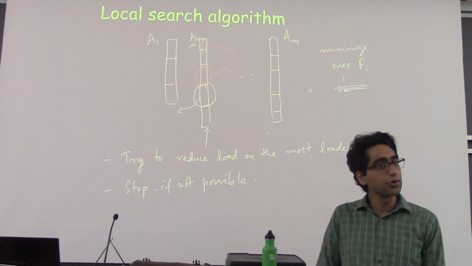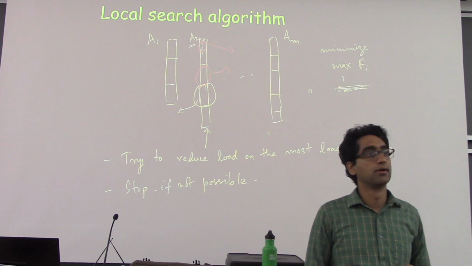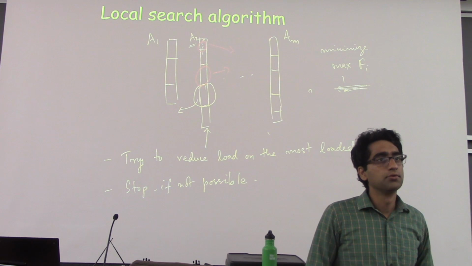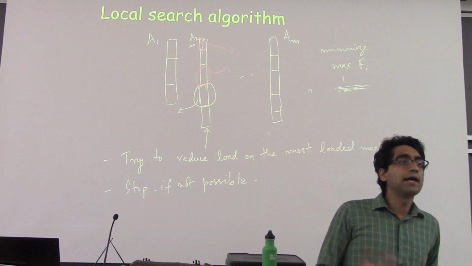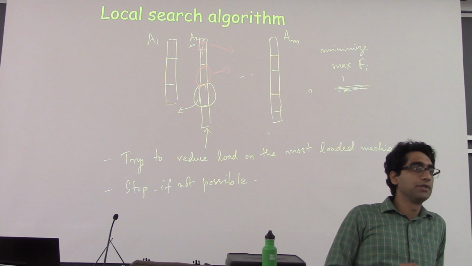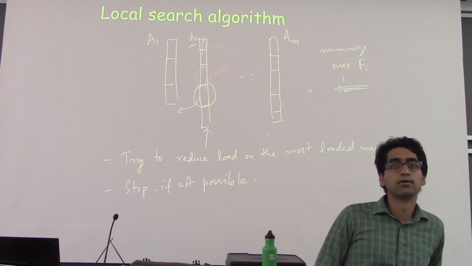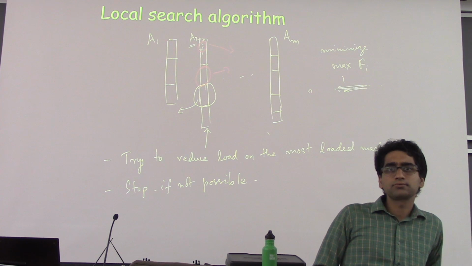So you actually have to do a bunch of work. Are you always wanting to move the job to the least loaded machine, or is that not necessary? It helps the most if you do it, right? Because that's the best you can do in some sense. There are multiple possible moves.